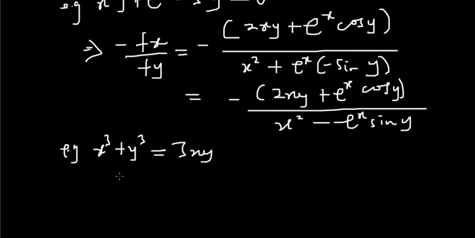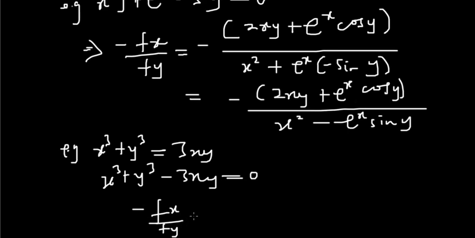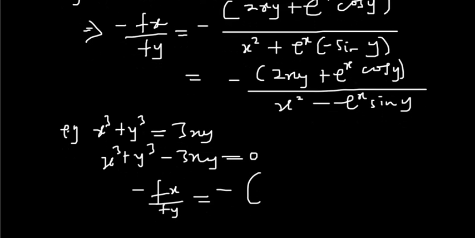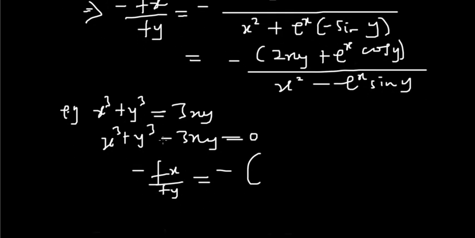Okay, so let's take this example. Let's use the implicit rule again. As I stated earlier, equate everything to 0. So we have minus f of x over f of y. We are differentiating with respect only to x, so we have 3x squared. There's no x over here, so this goes to 0.